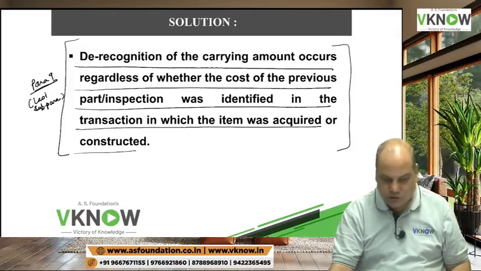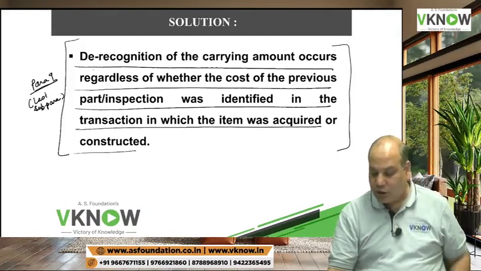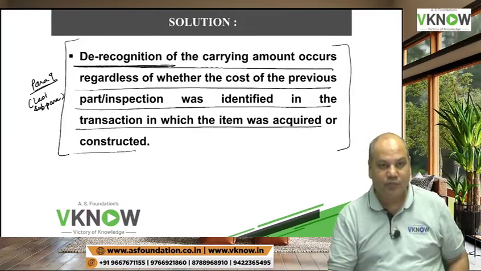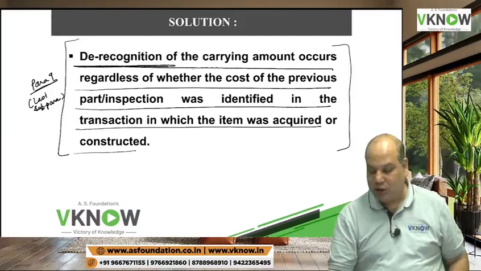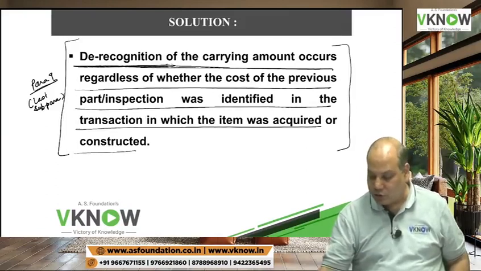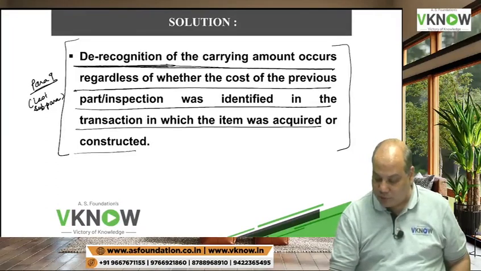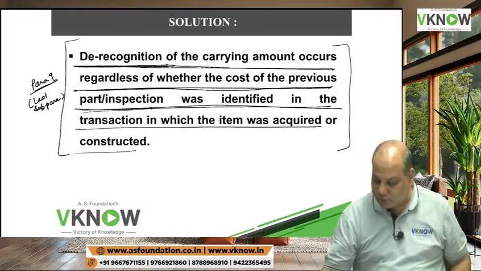This is written, you can just underline there. If the part which is replaced can be identified, well and good, derecognition of the carrying amount occurs. Even if it is not identified, we have to derecognize the carrying amount of the part which has been replaced.